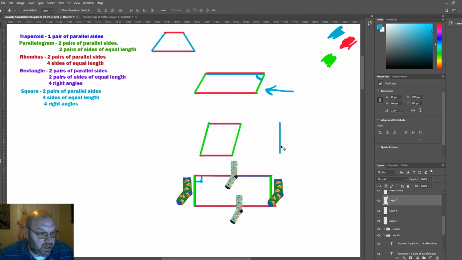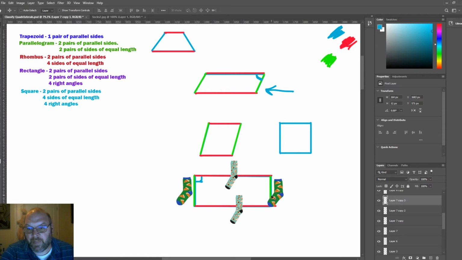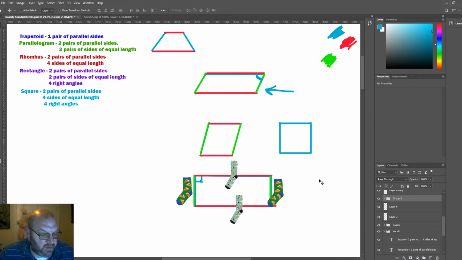So I'm just gonna grab that side. And let's grab that side again. And we'll make that there. Good. We'll grab that there. And we got a square. All right, that's 7.